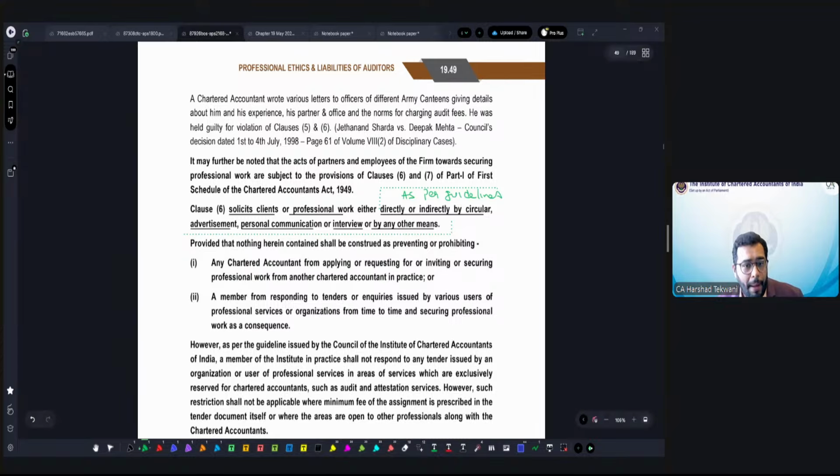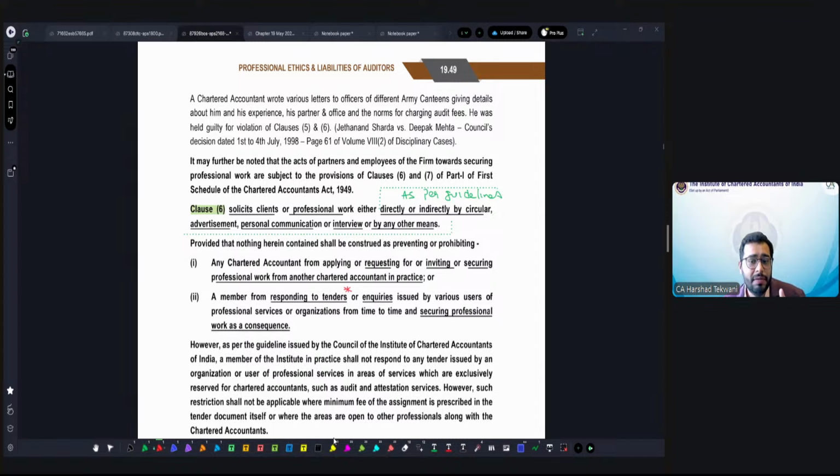Now, apart from this, there are two specific scenarios. If you are inviting work from another chartered accountant in practice, so if you are requesting, inviting, securing professional work from another chartered accountant in practice, or if you are responding to tenders or inquiries for securing professional work, then it is fine, but for the tenders, I will add a condition.